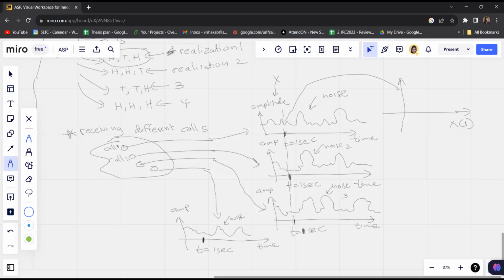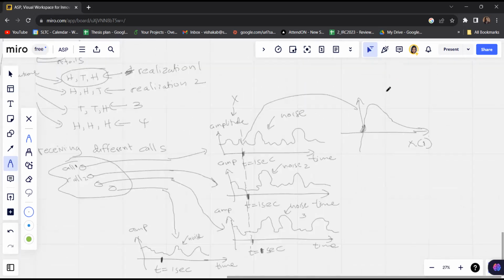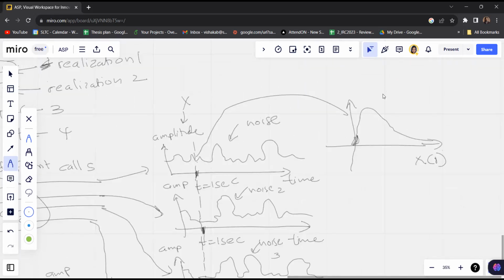That probability density function will most probably follow a certain distribution function. In wireless communications, the amplitude of the signals is said to vary and follow the Rayleigh distribution. Therefore, for each time instance, the amplitudes of these waveforms will follow a probability density function which is the Rayleigh distribution function.